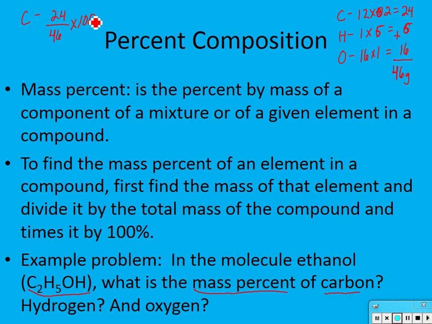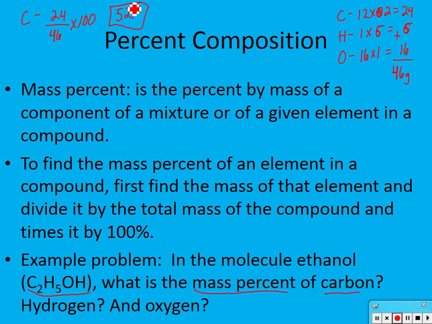So let's do that. 24 divided by 46, and then times by 100. Reuben, what'd you get? I got 52.17. Yeah, let's just round to the nearest whole number, but you're correct, Reuben. Good job. 52%.